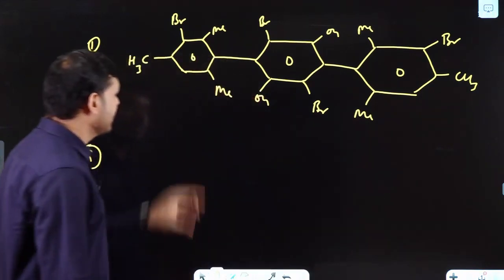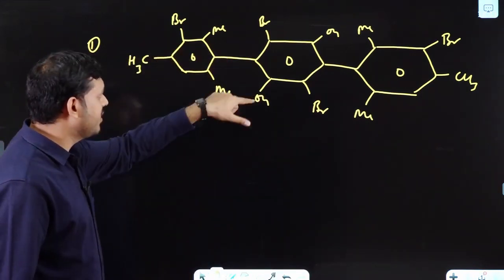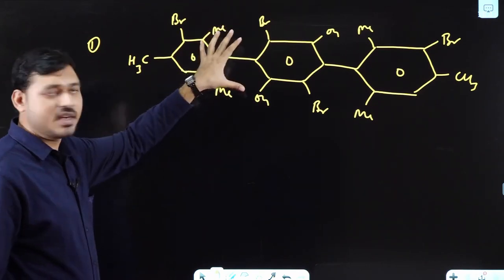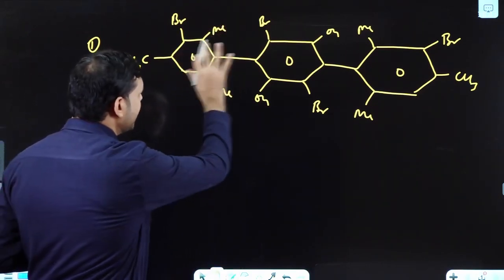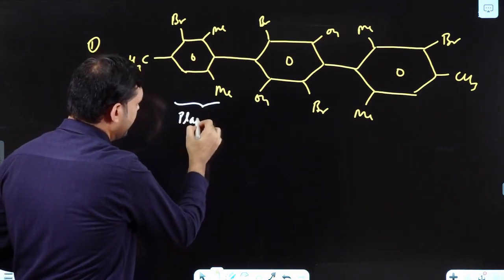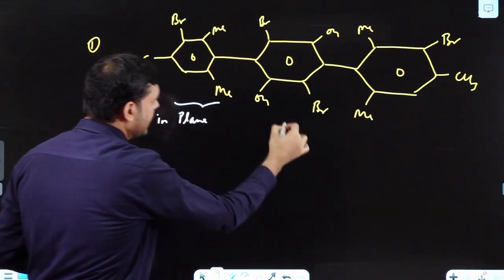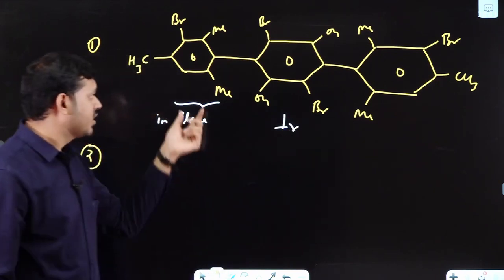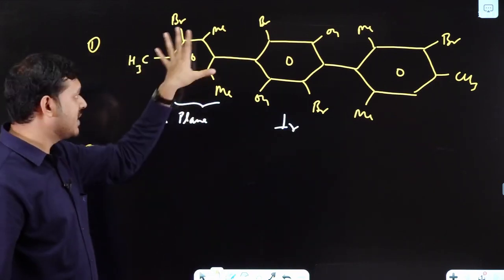You remember, this methyl, methyl and this bromine and OH have steric hindrance. If I say this ring and this ring, if this one is in plane, then this one is perpendicular.